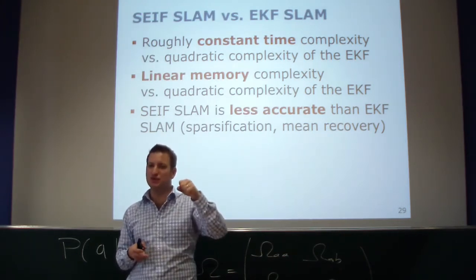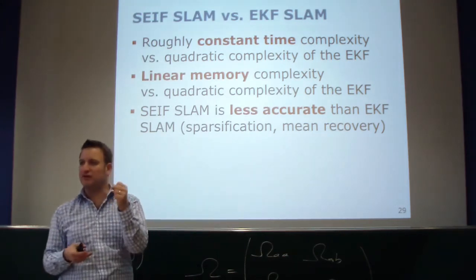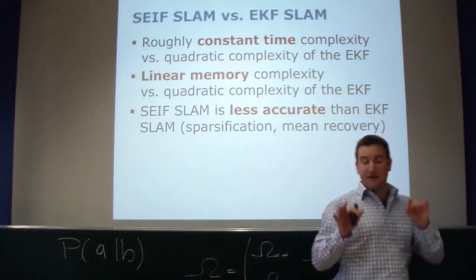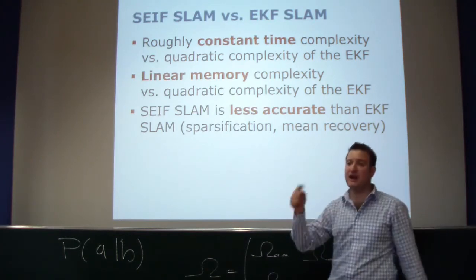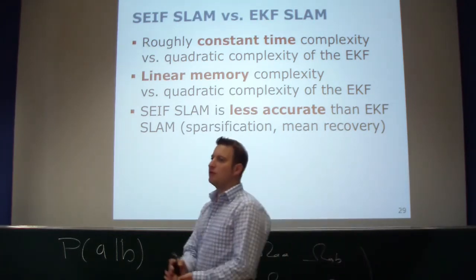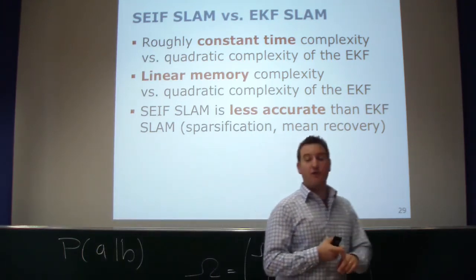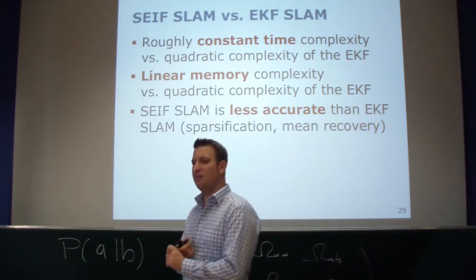This operation may not necessarily be conducted in constant time, therefore I said roughly constant time. If you have known correspondences and you abort your iteration at a fixed limit, you end up with a constant time algorithm, compared to the quadratic time of the EKF.